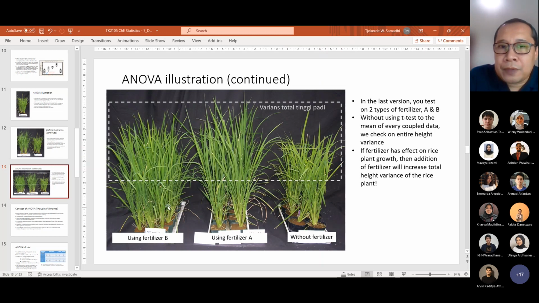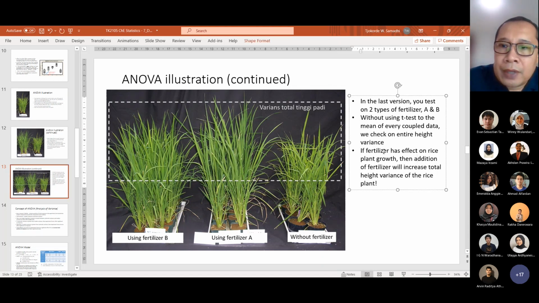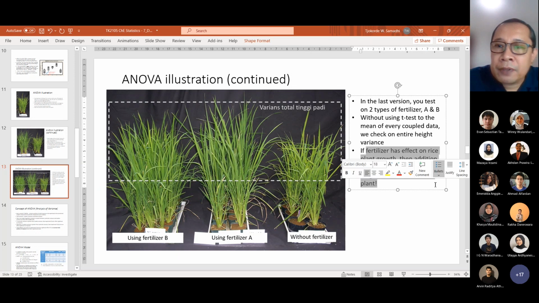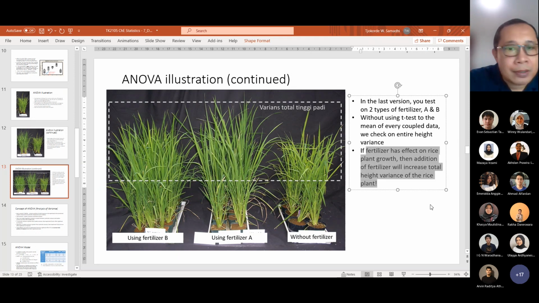Now, if some of these rice paddies receive different treatments, and if that treatment is indeed effective, then the total variance of the plant height will increase, right? If fertilizer has an effect on rice plant growth, then additional fertilizer will increase the total height variance.